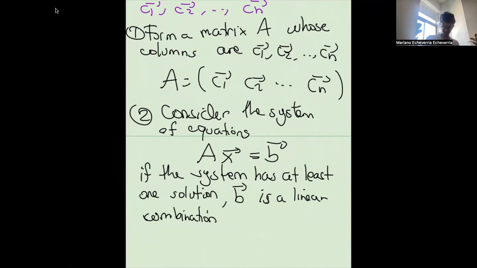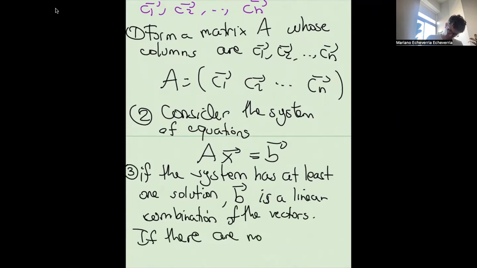Otherwise, it is not. If there are no solutions to the system of equations, it is not. Is that making sense?